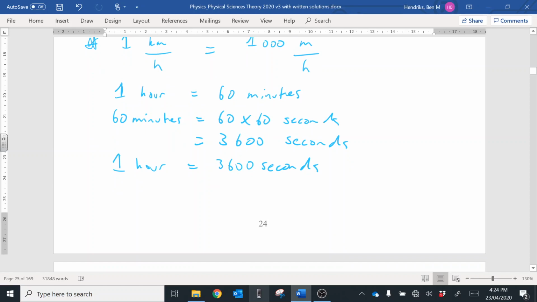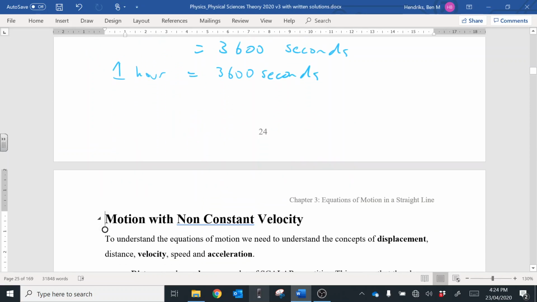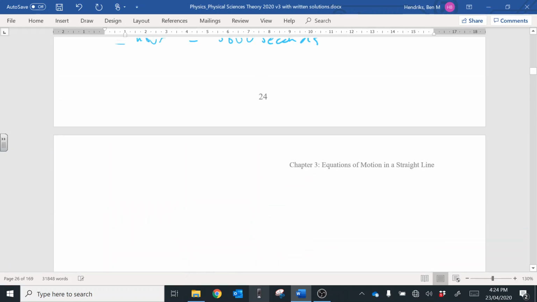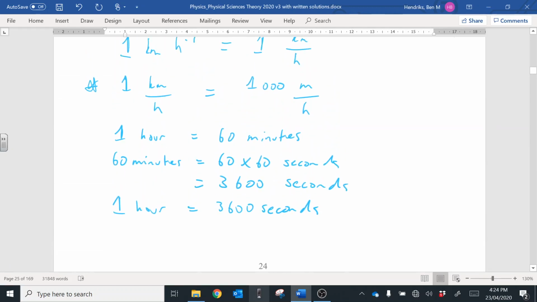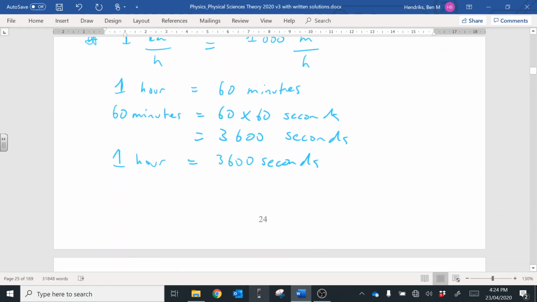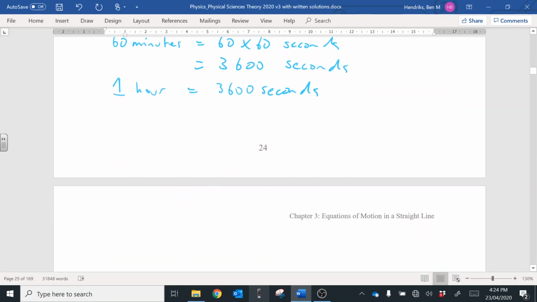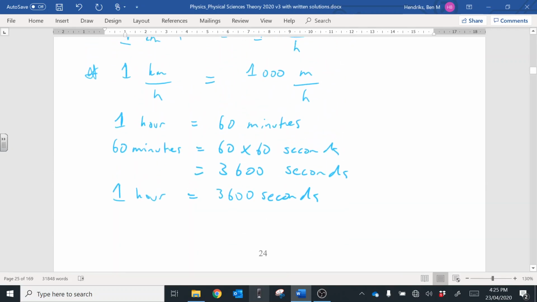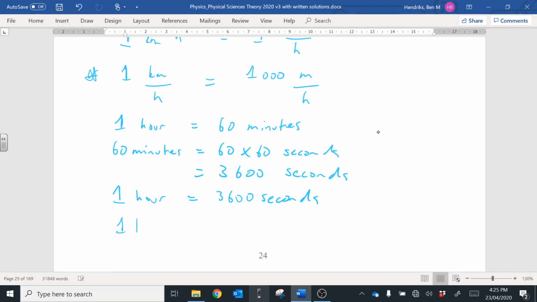I think I'm going to need more pages. Okay. 1 hour is 3,600 seconds. Let's put that into our equation. So we've now got 1 kilometre per hour is equal to 1,000 metres over 3,600 seconds.